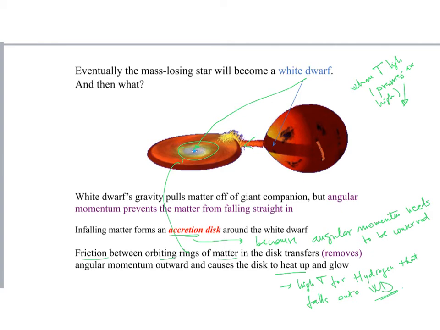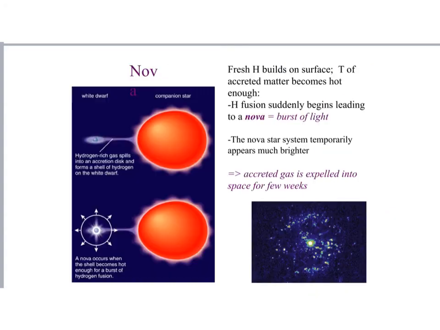hydrogen does something. There is higher likelihood to have hydrogen atoms or nuclei close together. And what happens then? Hydrogen fuses into helium. And what happens when it fuses into helium? You have bursts of light, right?